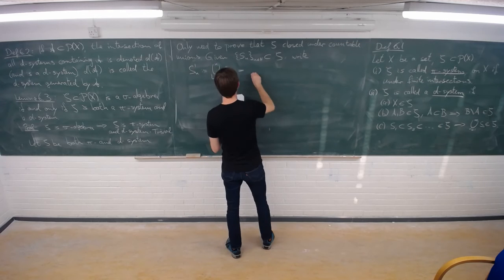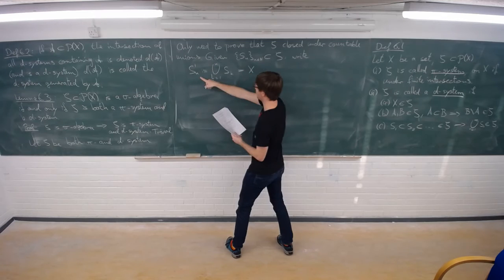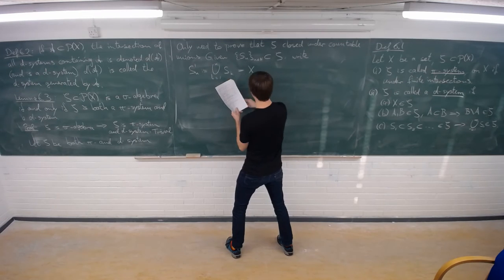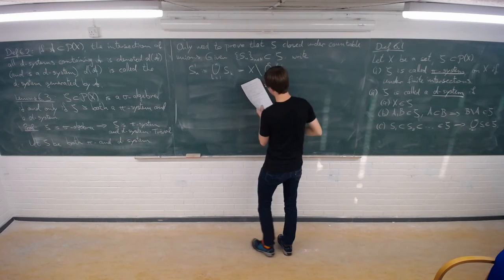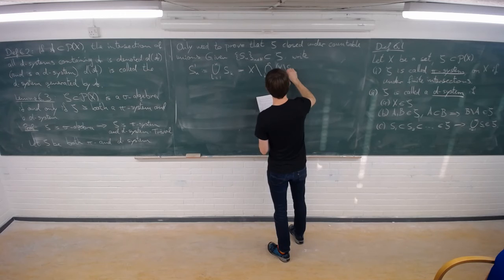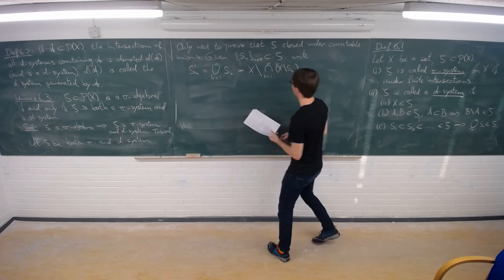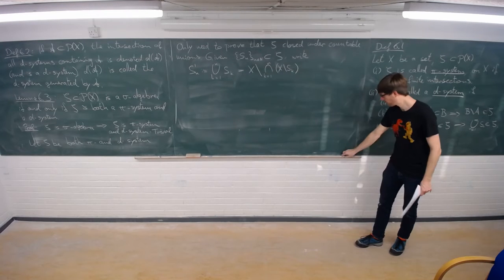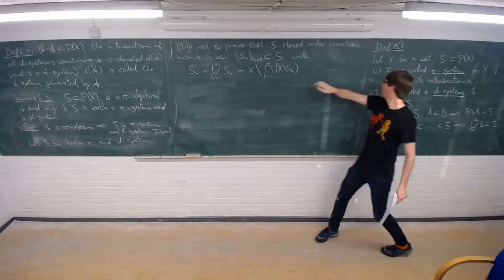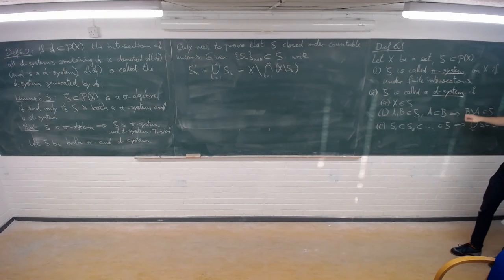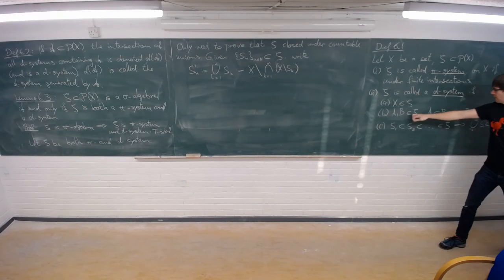We can see this if we write Sn prime as X minus the finite intersection from k equals 1 to n of the complements of Sk. Because these complements of Sk are in S again by this property B.